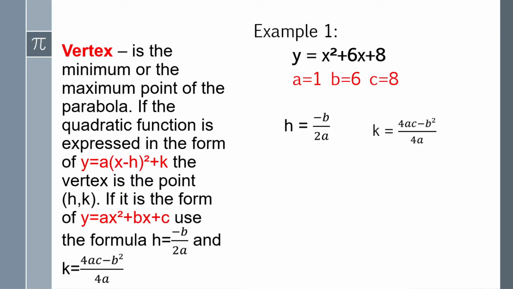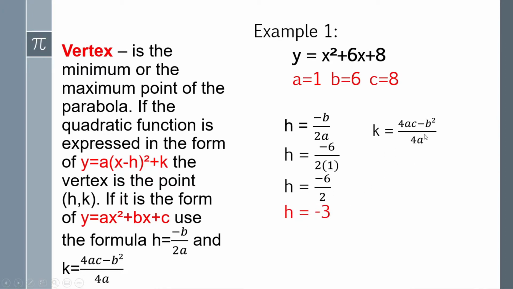Using the formula h is equal to negative b over 2a, and for k, 4ac minus b squared over 4a. So, substitute lang natin yung value ng mga variable natin. Ang a is equal to 1 and b is equal to 6. Simplify natin to. Negative 6 divided by 2, it becomes negative 3.